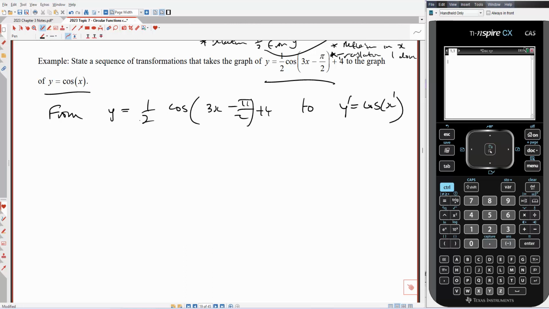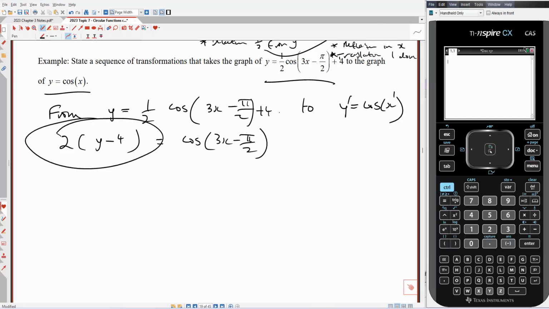So I'm going to go y take 4, then times it by 2, equals cos(3x - π/2). Now I compare the y's with the y's. So I've got y' = 2(y - 4), and x' = 3x - π/2. So x and x.